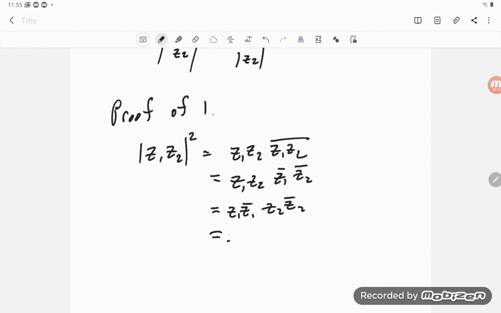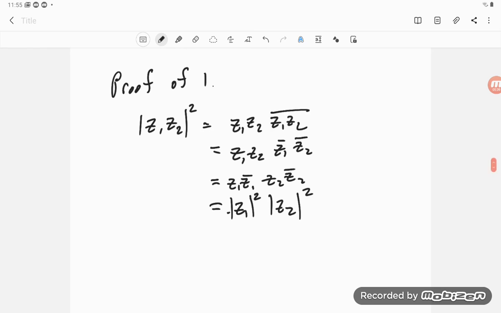But now that's the absolute value of z1 squared and the absolute value of z2 squared. So doing the square, usually when you don't have a square root, it's easier to deal with.